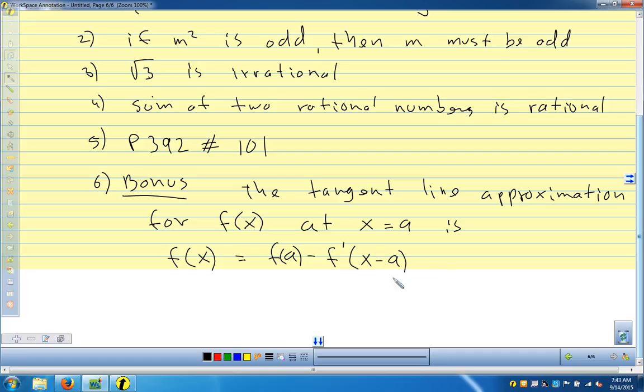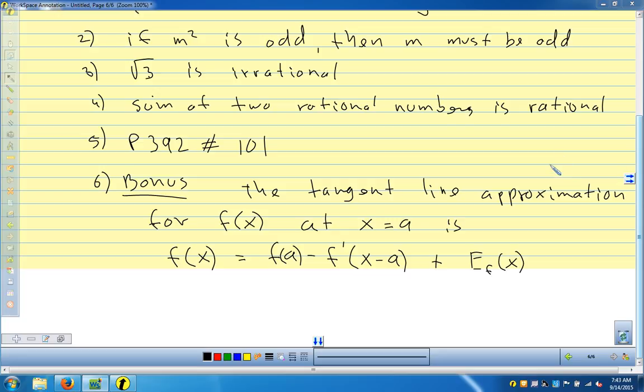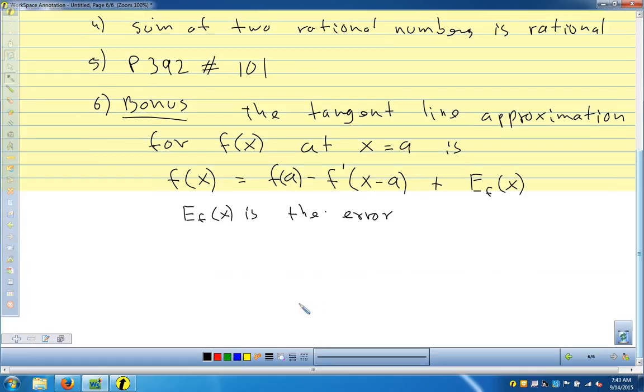And we use this in Newton's method. And then I'm going to say plus some error, where this e sub f is the error in the approximation.